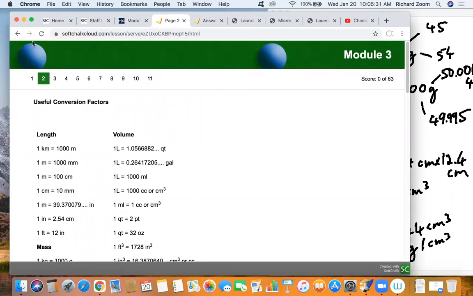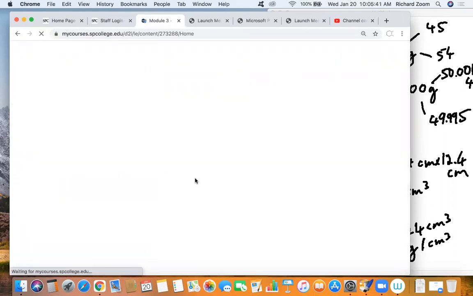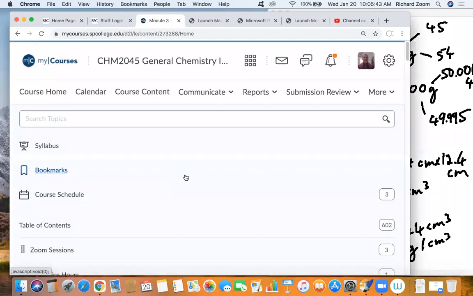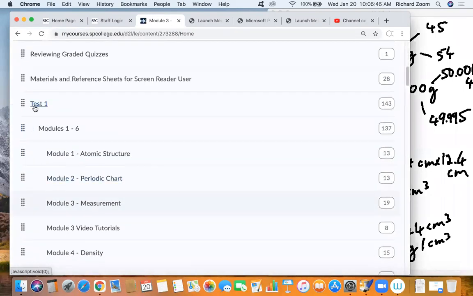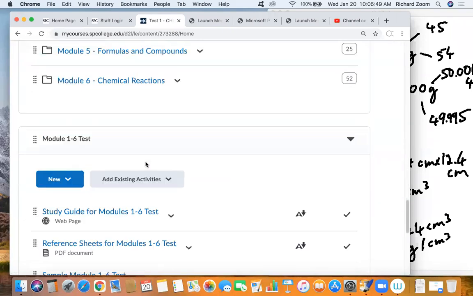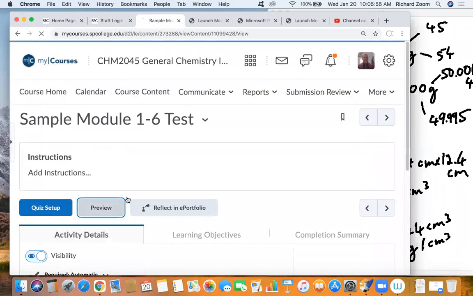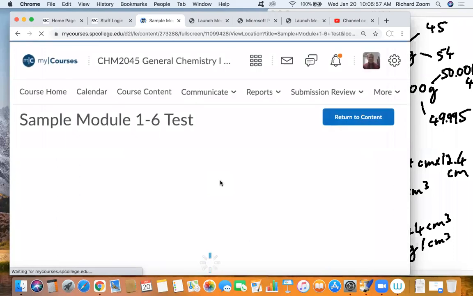Thank you. Now, the other thing, when you're doing the test, you won't need the conversion tables in front of you because I've included the tables within the test.